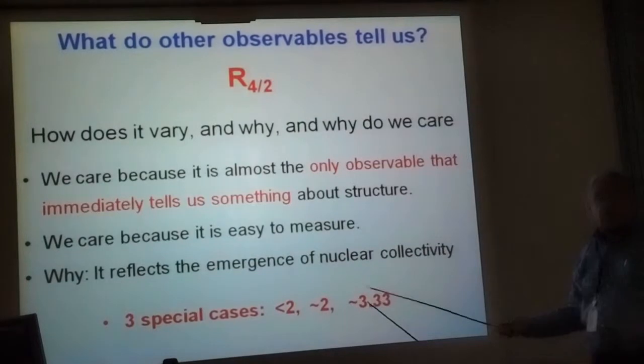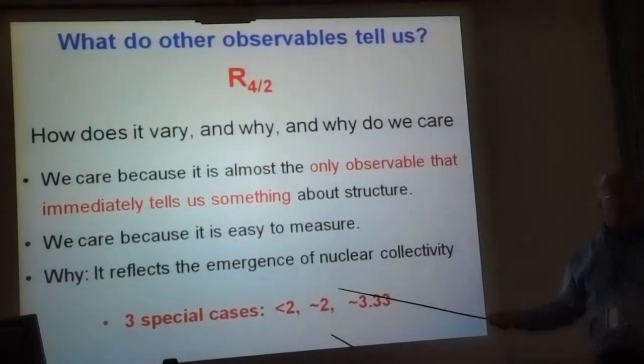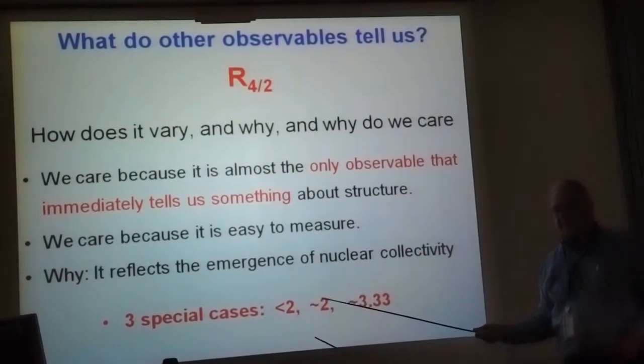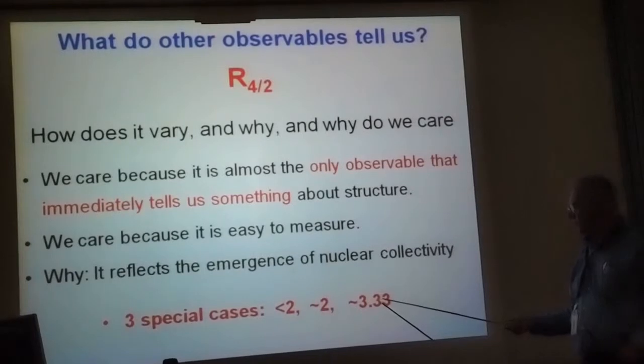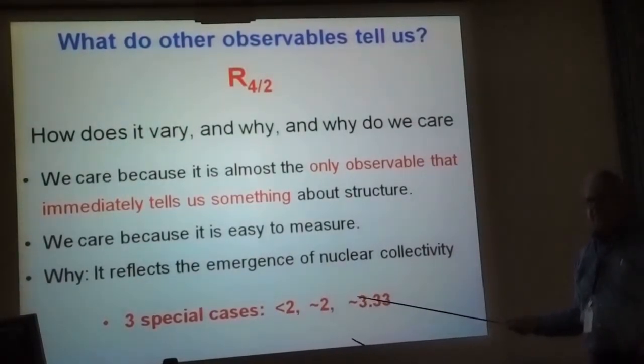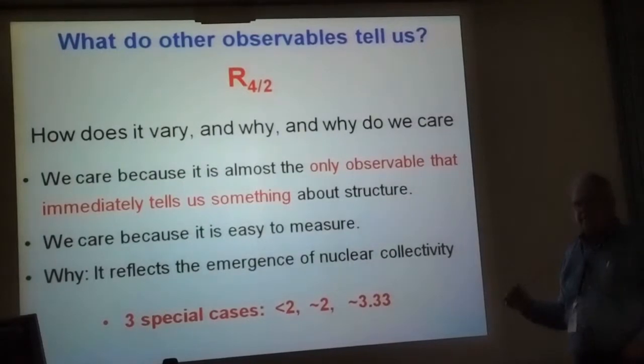Does anyone know what these 3 limits correspond to physically in terms of what the nucleus is doing? Well, the 3.3 is the rigid rotor case. The around 2 is the vibrator case. And below 2, I think, is a single particle excitation.